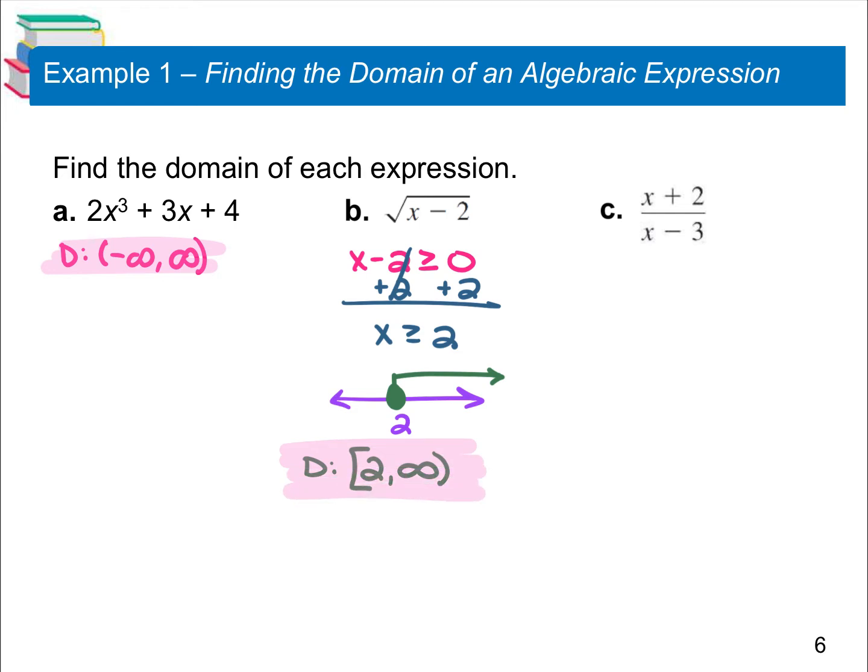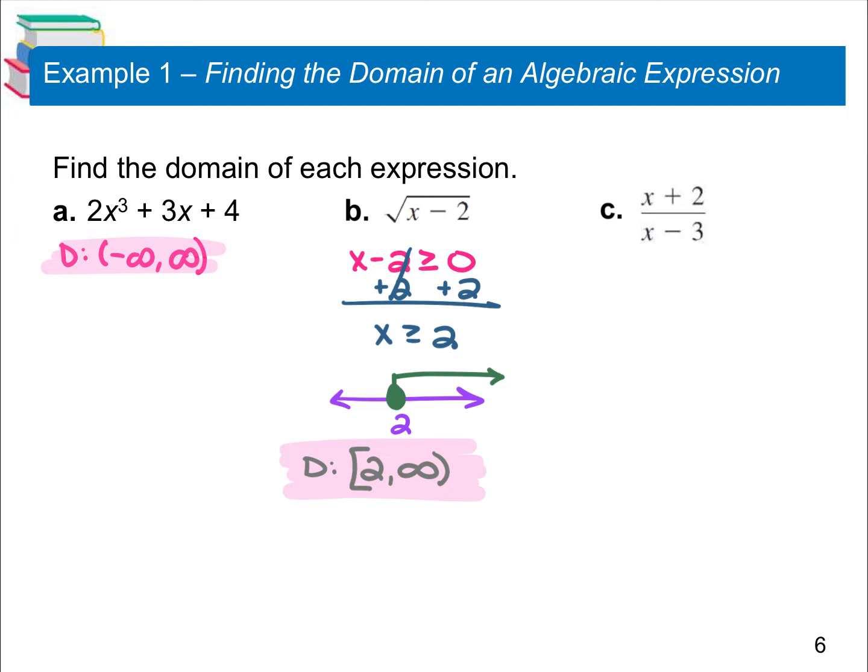For example, C, you have x plus 2 over x minus 3. Now, this one is a fraction, and you have an x in the denominator. When you are working with fractions, what number cannot be in the denominator? There can be a negative in the denominator. What number cannot be in the denominator? What makes the fraction undefined? 0.